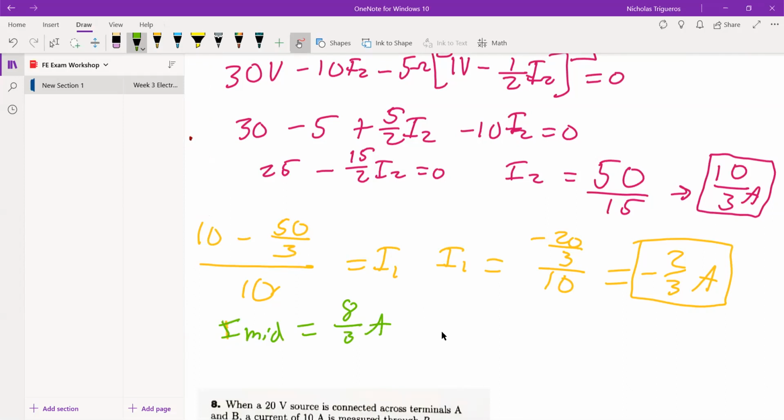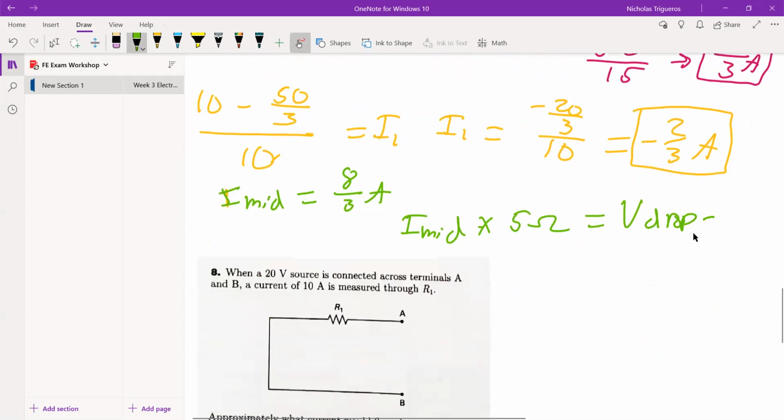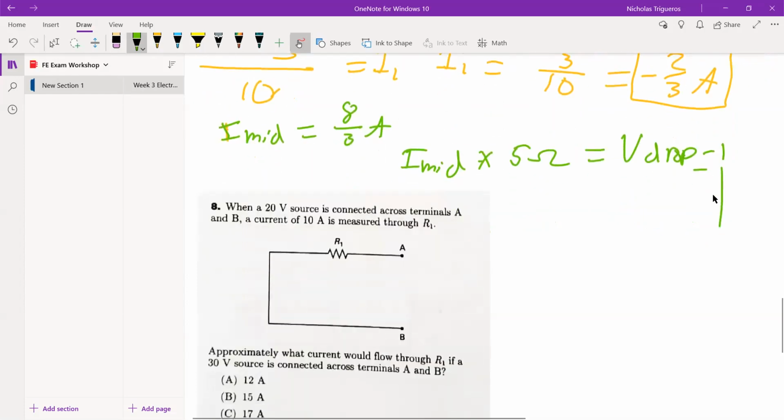And if we take that I mid times 5 ohms, the net resistor, we get the voltage drop, or voltage across, which is equal to 13 volts, 13.3 volts.